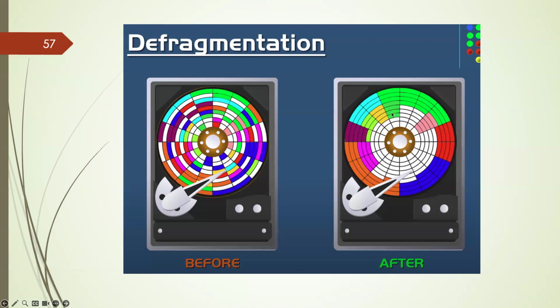It will move data from one cluster to another, such that all the clusters or sectors that belong to one file become physically adjacent to each other. They are stored in the same region of the hard drive, so that reading or writing a file becomes much easier and much less time consuming.